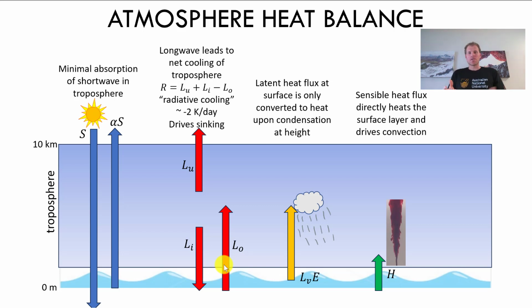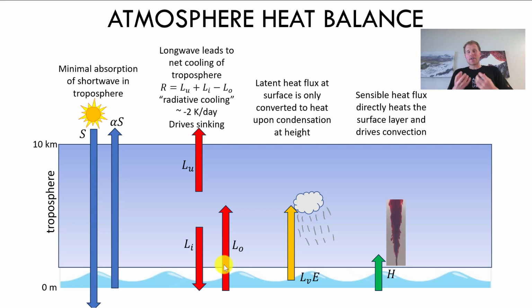Okay, so we can move on to latent heat flux. So latent heat flux at the surface, remember when you evaporate this moisture, it pulls heat out of the surface ocean, and it's stored in the molecules as this latent heat. We can recover that heat when those molecules stick back together and condense into rain.